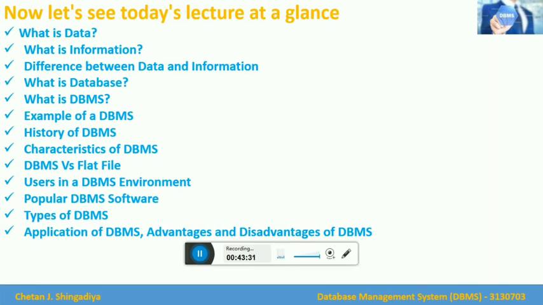The example of DBMS, history of DBMS, characteristics of DBMS, DBMS versus flat file, users in DBMS, popular DBMS software, the types of DBMS, application of DBMS, advantages and disadvantages of DBMS. We have also seen the comparison of relational model and object oriented model in types of DBMS system.